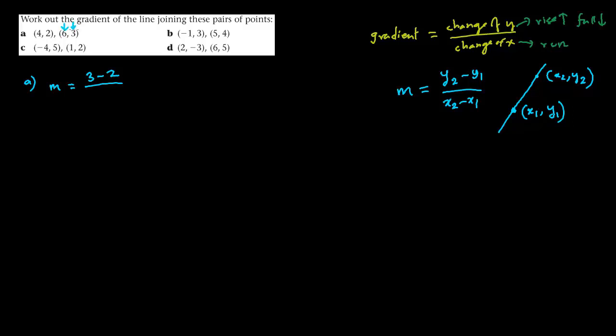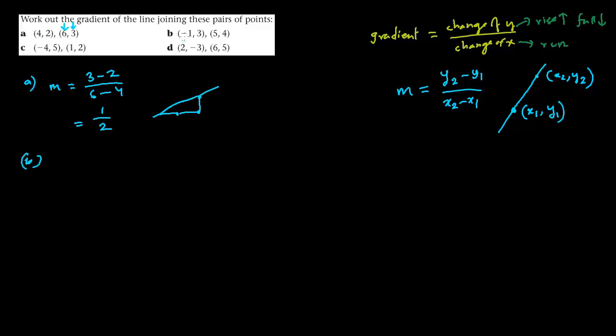So here we took 3 at first, so we have to take 6 here at first, and 6 minus 4, so that would make it 1 divided by 2. So the gradient is half, meaning for every 2 units of x, y would increase by only 1 unit. It would look something like this.